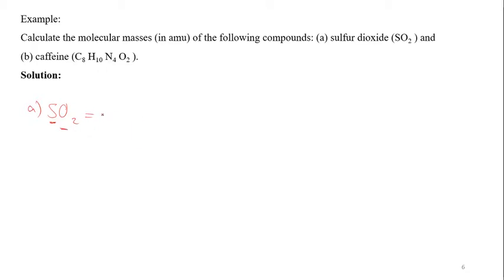From the periodic table, I can see that the atomic mass of sulfur is equal to 32. Multiplied by 1 atom, plus 2 atoms of oxygen with atomic mass 16 for each one of them, the sum would be equal to 64 atomic mass units.